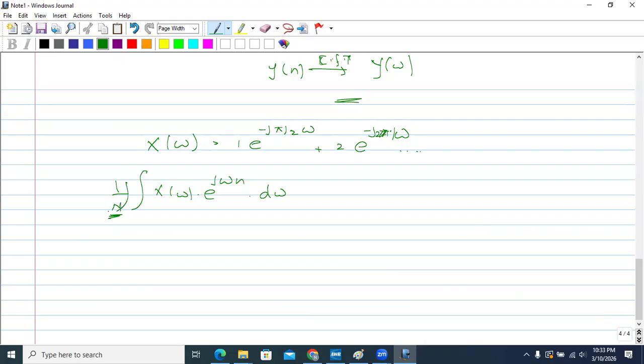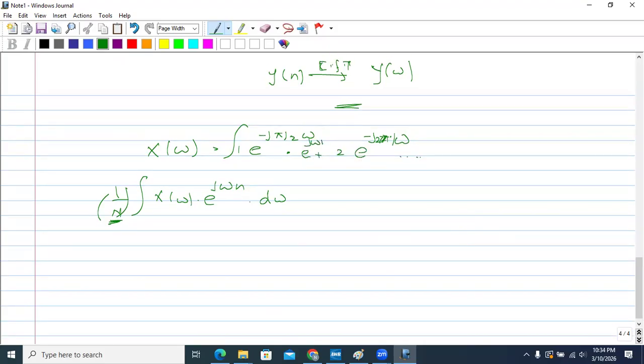Okay, I can't remember. So you need to integrate this and multiply it with e to the power j omega n. Then this one and this one will be adding. So you have to integrate these exponential terms with respect to omega. You know that the integral of e to the power ax dx is e to the power ax divided by a.